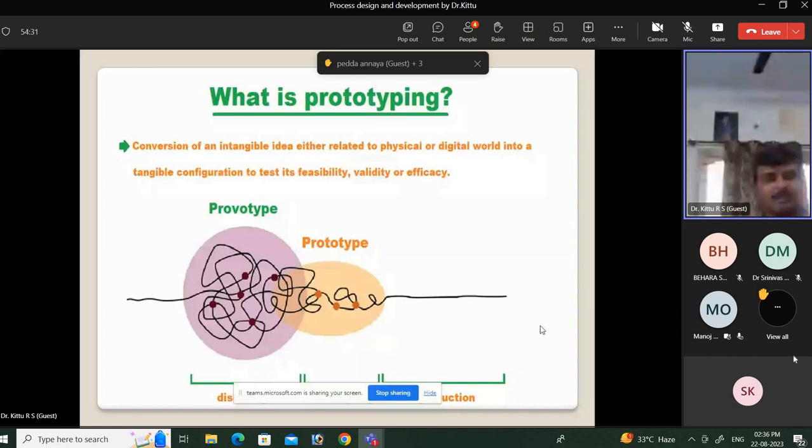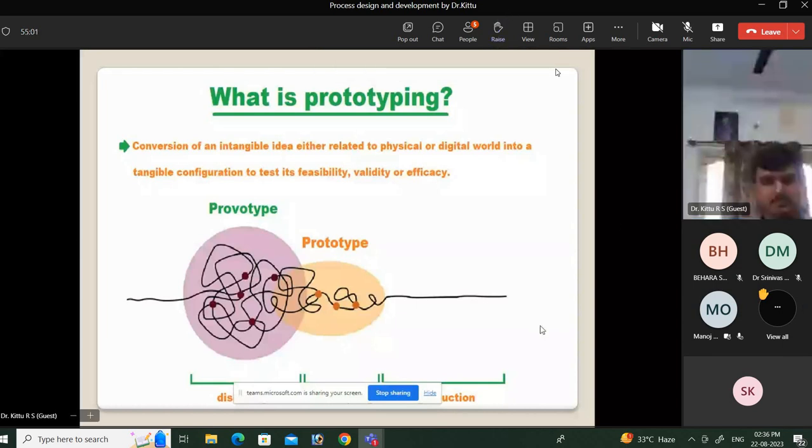The intangible idea means you cannot touch it or get any physical experience of it. It is the idea generated in your mind, based on experience, your thinking ability, your interactions and group discussions, and your brainstorming activities. That intangible idea or concept is what is generated or expressed in your mind.